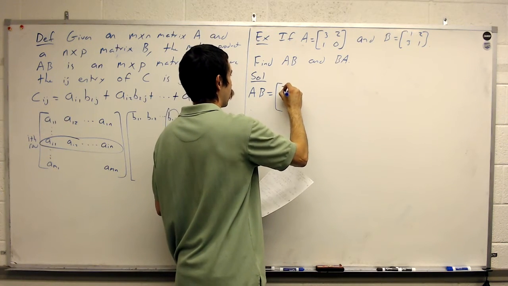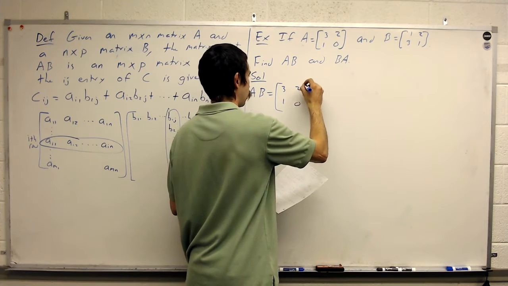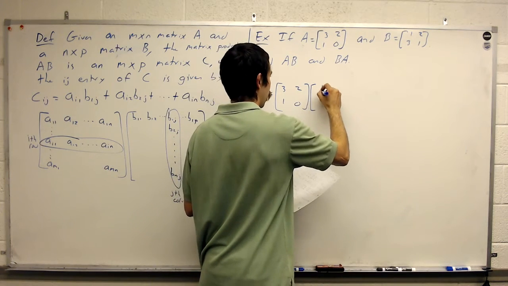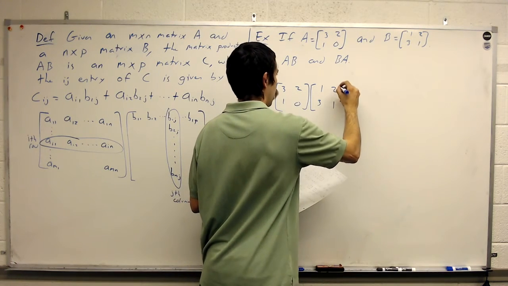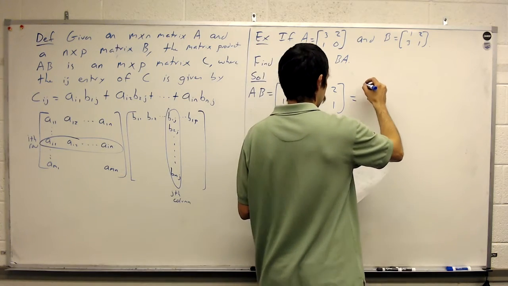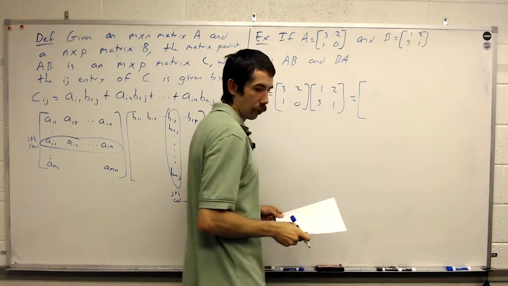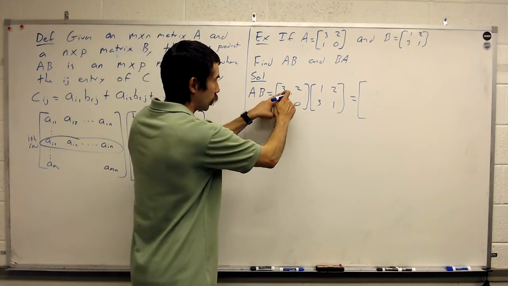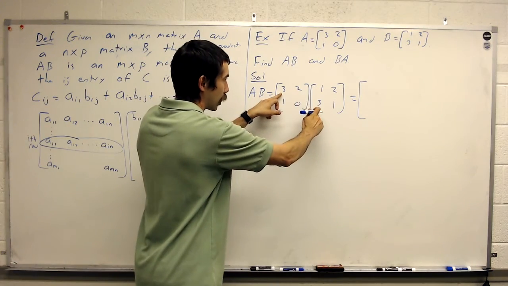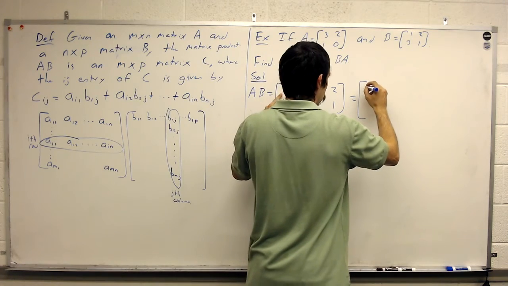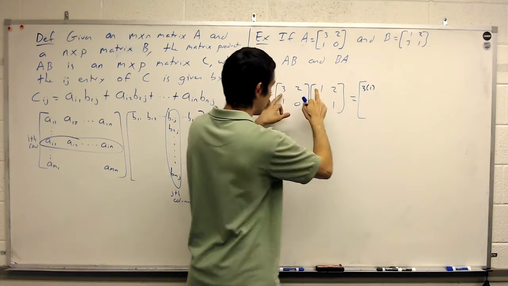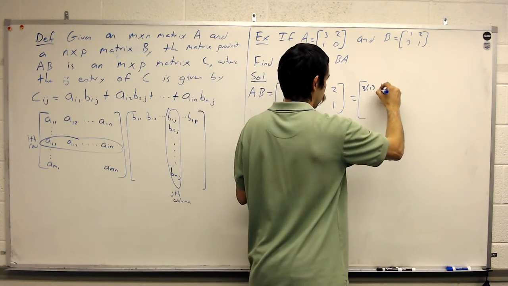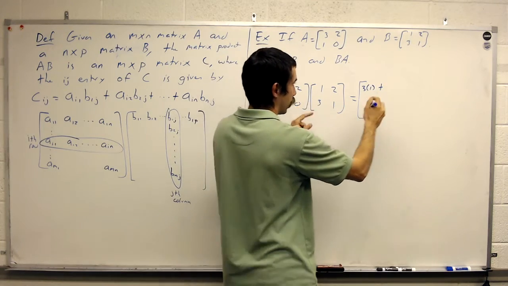So A is 3, 1, 2, 0. B is 1, 3, 2, 1. Okay, the top left entry. We go across the first row, down the first column. So it's 3 times 1 plus 2 times 3.